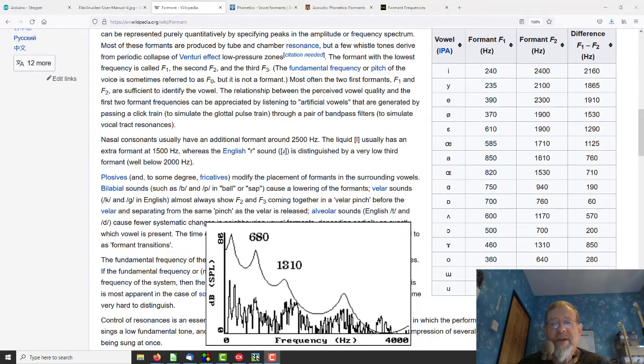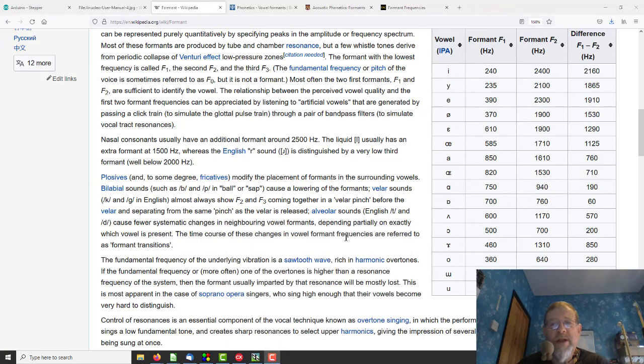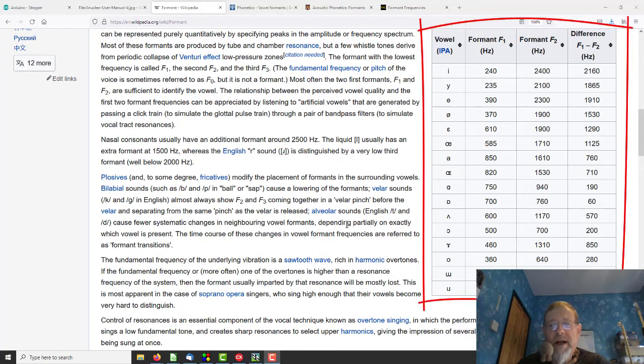And here we have a table of various vowel sounds, and it turns out that actually only the first two formants are really vital for telling what the vowel is. And here's a list of a bunch of vowels and what those two formant frequencies are.